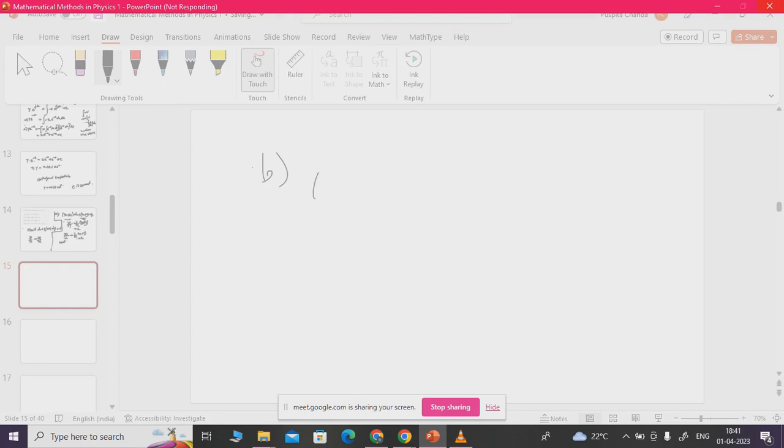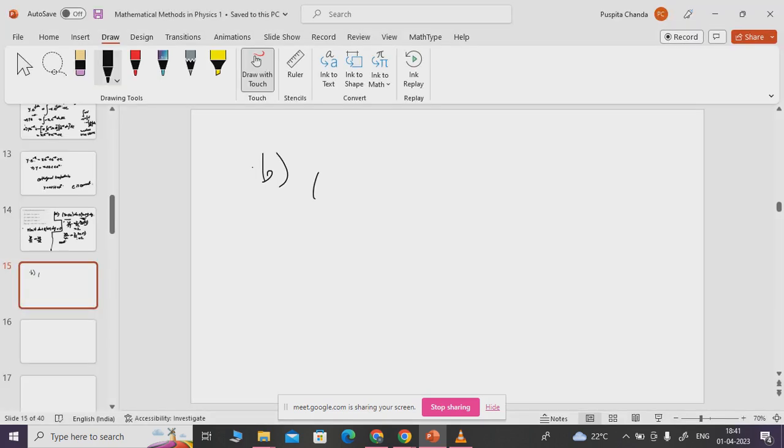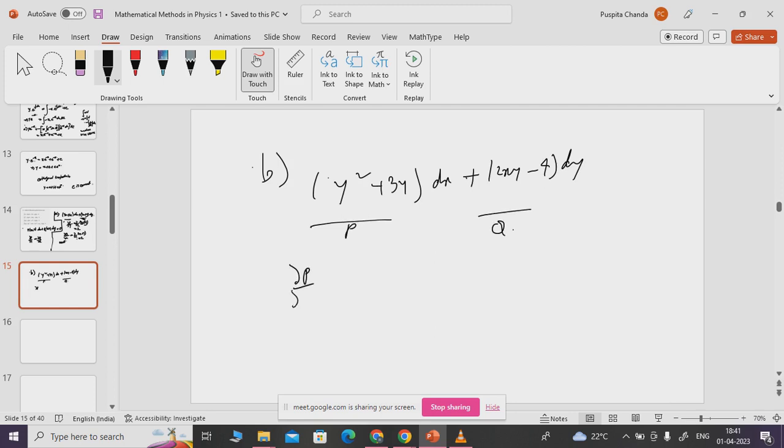In question B, it is y square plus 3y dx plus 2xy minus 4 dy.